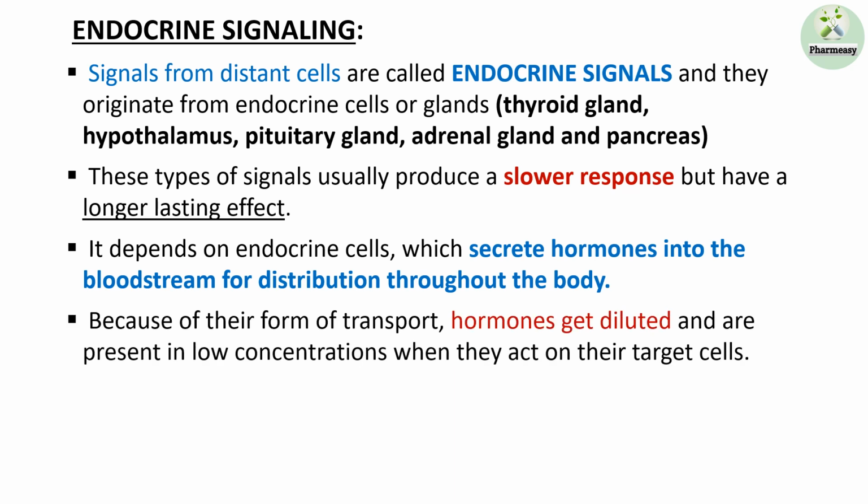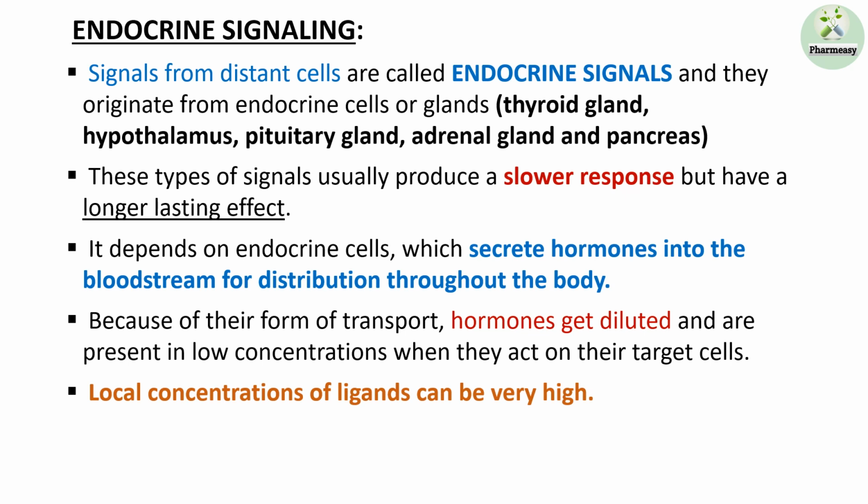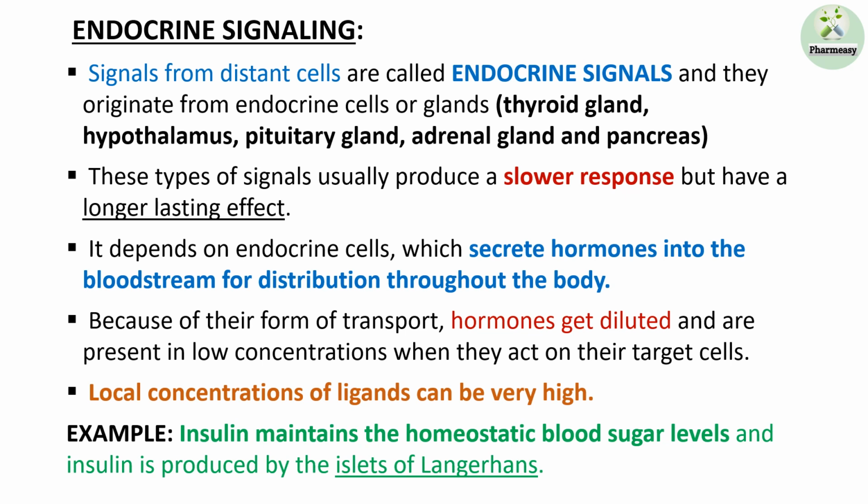Because of their form of transport, hormones get diluted and are present in low concentrations when they act on their target cells. Local concentrations of ligands can be very high. Example is insulin that maintains the homeostatic blood sugar levels, and insulin is produced by the islets of Langerhans.